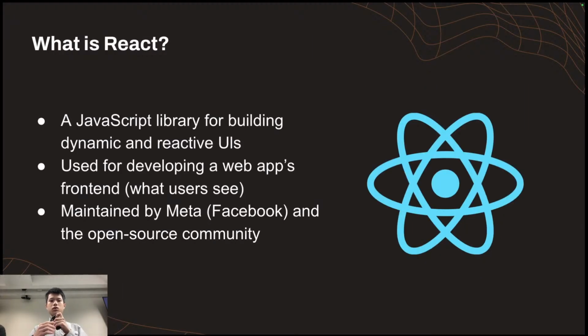So what is React? React is a JavaScript library for building dynamic and reactive UIs. We use it for developing a web app frontend, and it's maintained by Meta, which is Facebook, and it has an open source community.